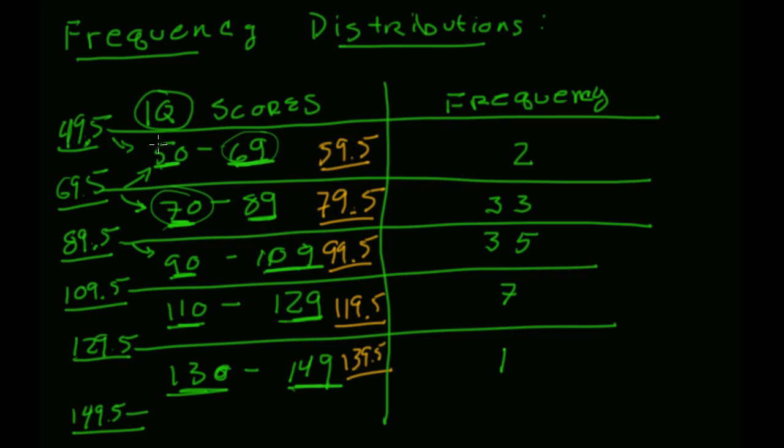Basically, to get the midpoint, you take the lower class limit and the upper class limit, add them, 50 plus 69, and divide by 2. It's the average of the lower and upper class limit that gets you the class midpoint.